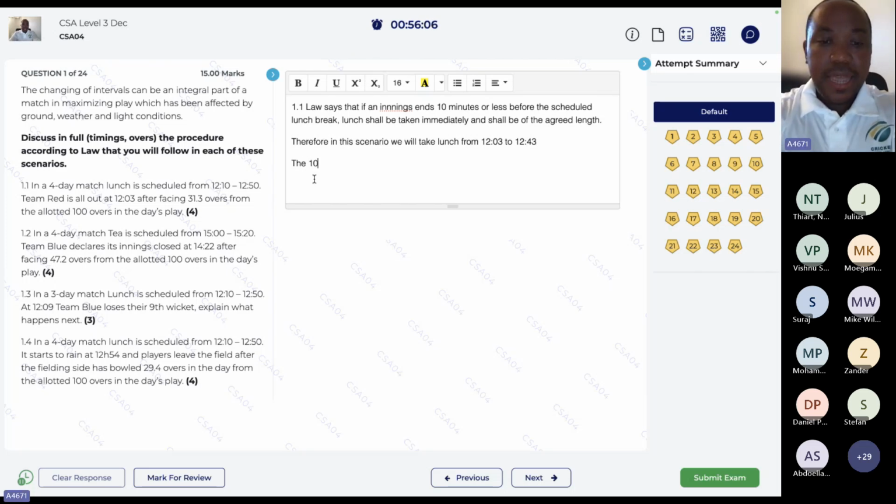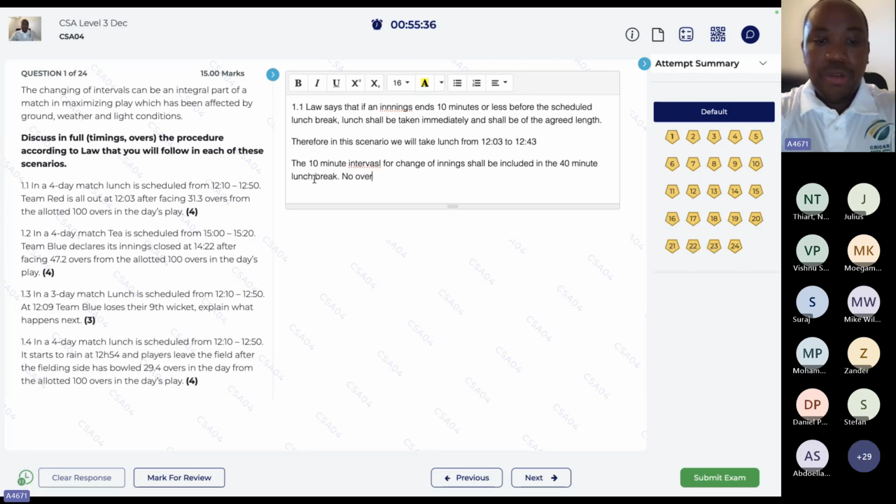The 10-minute interval for change of innings shall be included in the 40-minute lunch break.